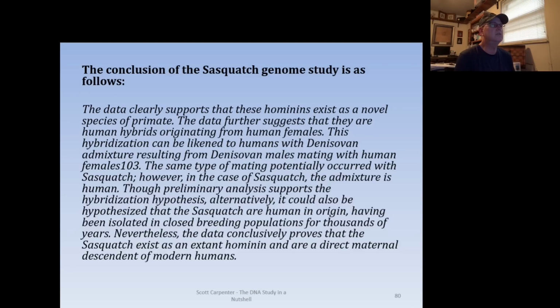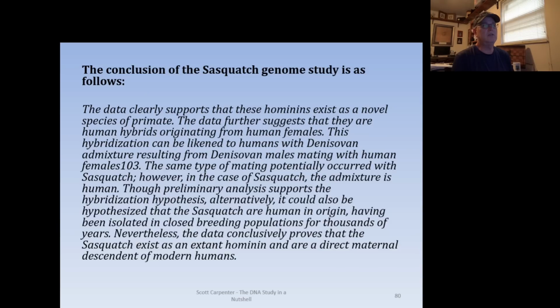Basically what it was is there was a study that showed that human beings hybridized with Denisovans. And she's saying that the same type of mating potentially occurred with Sasquatch.